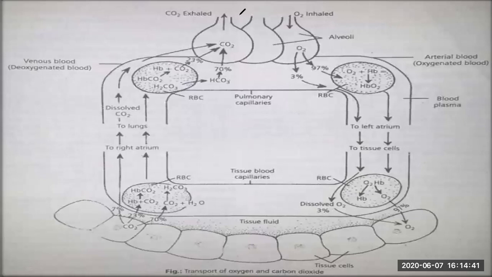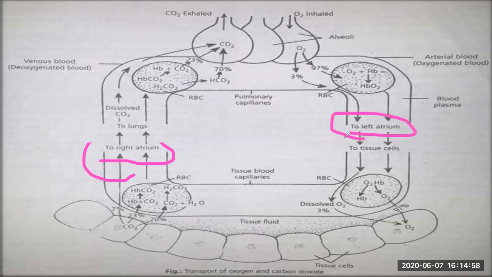Now here, first of all, see. Now we know very well, it is showing the right atrium, and this is showing the left atrium. Suppose this is your heart, which has 4 different chambers.